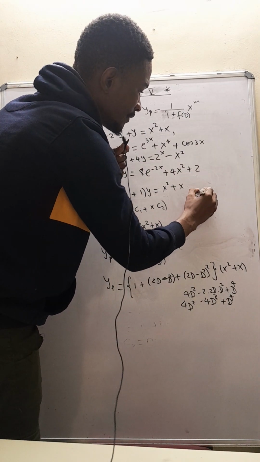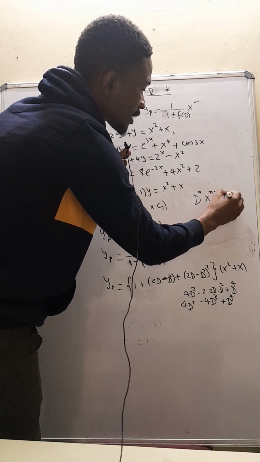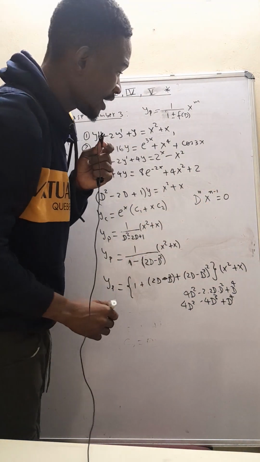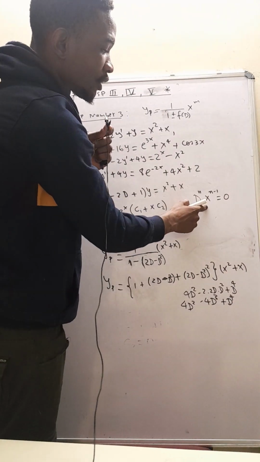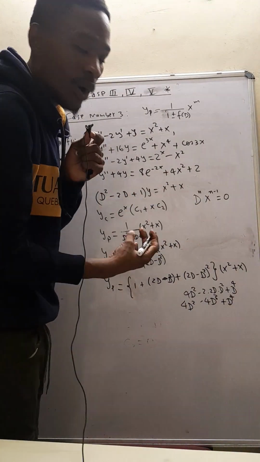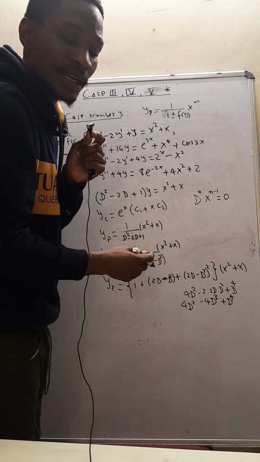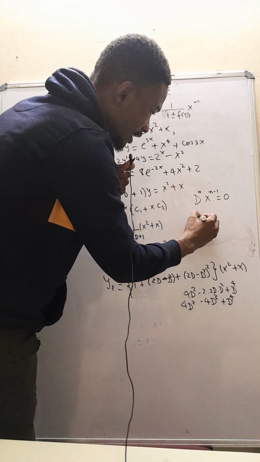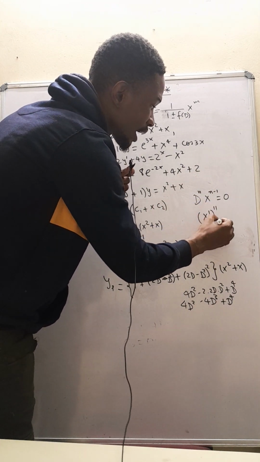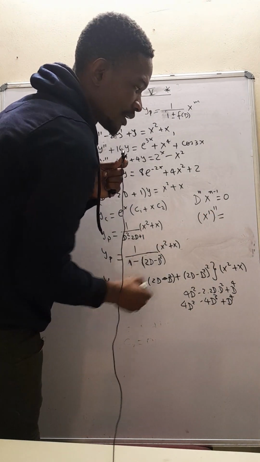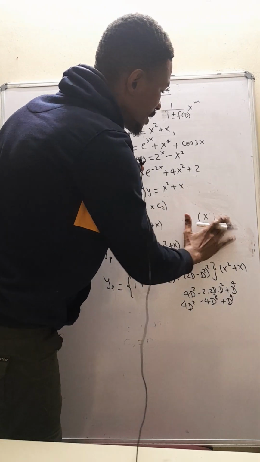Whenever you have d raised to n, and here x raised to n minus 1, that will be 0. When the order of the polynomial is lower than the order of the differentiation operator, then it will be 0. Check, x raised to 1. If I derive 2 times, how much will it be? It will be 0. And that's the point.